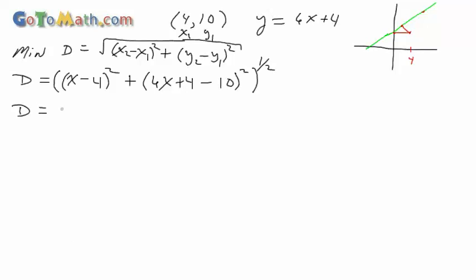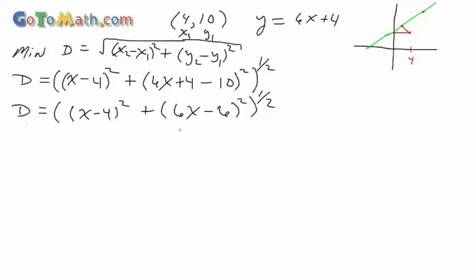Let me erase that. I'm going to rewrite all of this. We have x minus 4 squared plus 6x minus, let's see, 4 minus 10 is 6, right? And that's all raised to the half power.